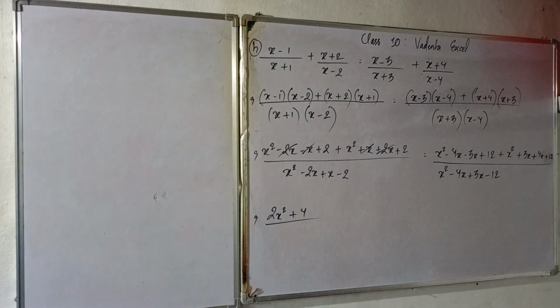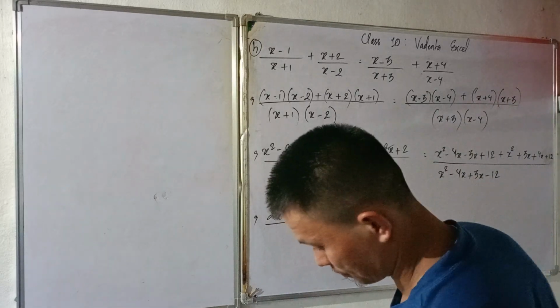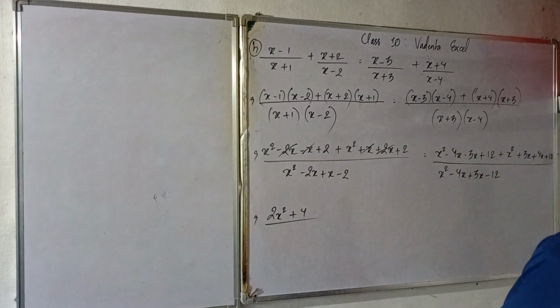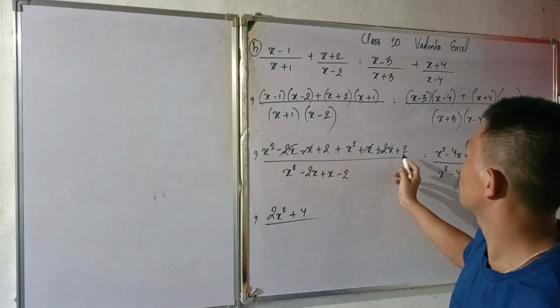Wait a minute, I could have cancelled one of those terms, okay? For your convenience, no problem, everything is all right. So x plus x squared and 2 plus 2, 4.